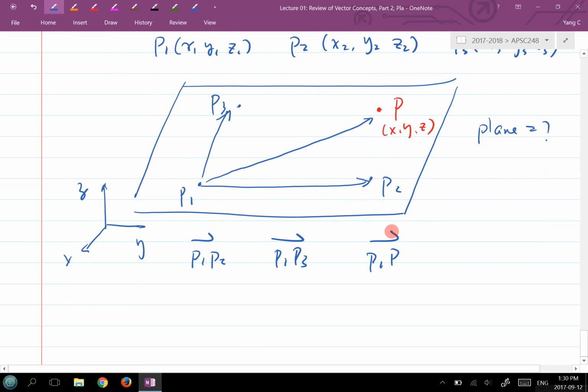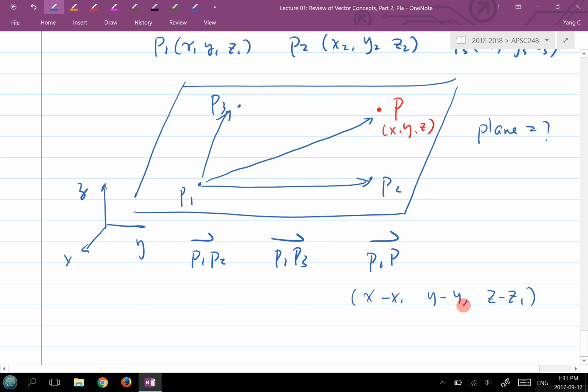As we learned in the vector review, if you have the coordinates of P1, P2, P3, you can calculate the vectors P1P2 and P1P3 very easily, just by taking the coordinates of P2 and subtracting the coordinates of P1, or the coordinates of P3 minus the coordinates of P1. Then you get the actual vectors P1P2 and P1P3, right? And similarly for P1P, you will get x minus x1, y minus y1, and z minus z1. So x, y, z are now introduced into the picture.